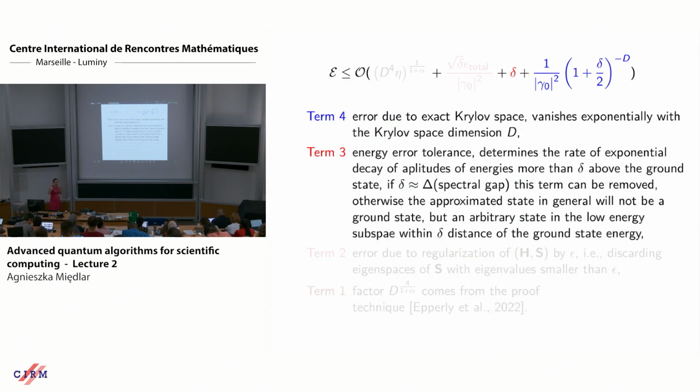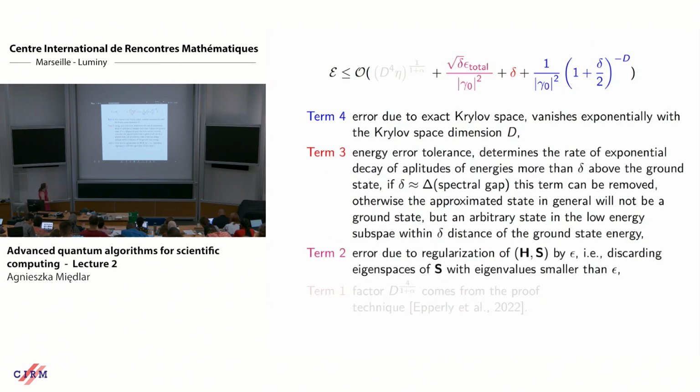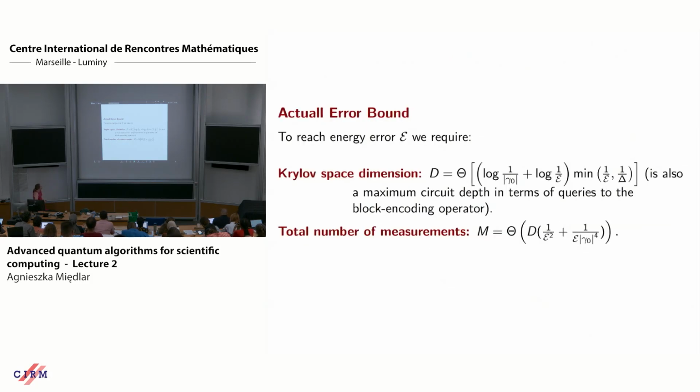If we are well separated, this term can essentially be eliminated. We have error due to regularization that comes from solving the small eigenvalue problem. And there is an additional thing that comes from the way the proof goes, because the proof followed a paper from the numerical linear algebra community analyzing subspace methods.